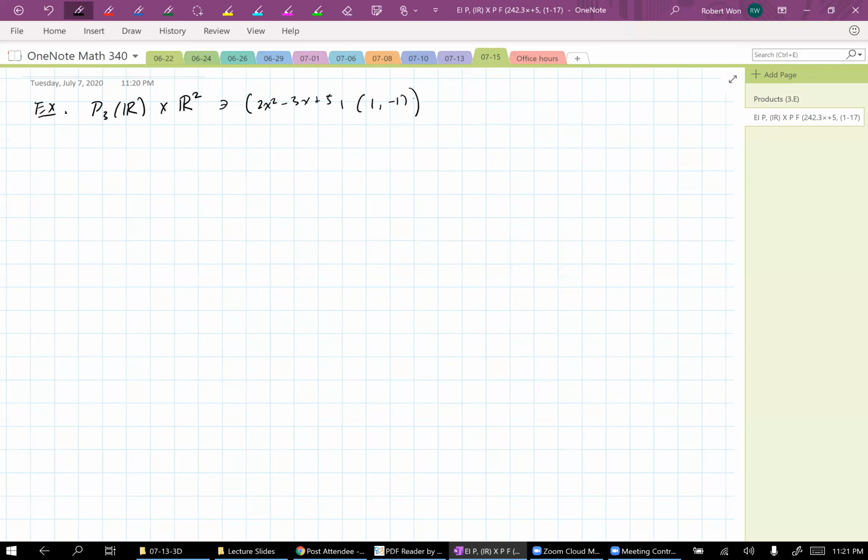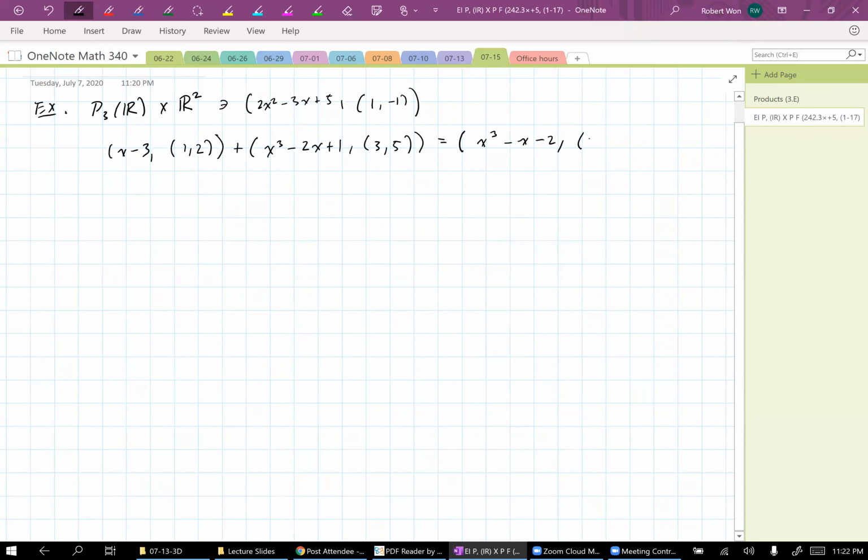And addition just happens component-wise, right? So if you take some vector like this, and you add it to some vector like this, 3, 5. The definition of addition is you just add, in the first bit you add in P3R, so there you get x cubed minus x minus 2.